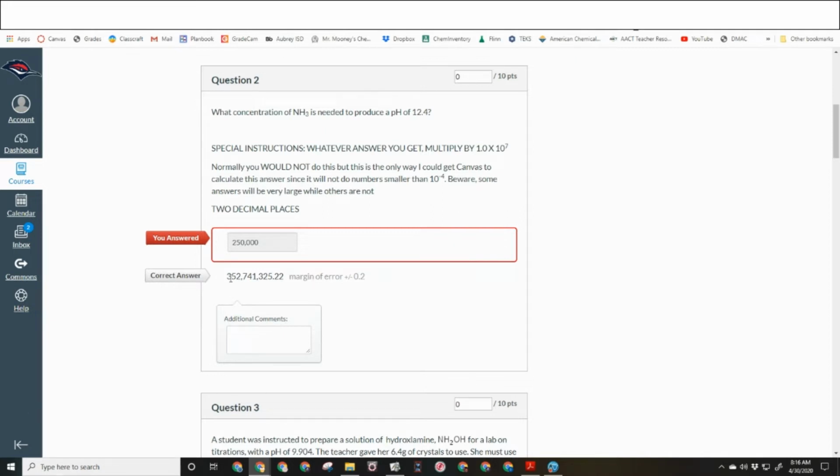So if we take this and multiply it by 10 to the 7th, this is what we get here. This is just moving the decimal place 7 times. I know it's weird and funky, but it's a way for you to do this type of question in Canvas until they get that fixed. I have reported this, and I've heard that they are working on that.